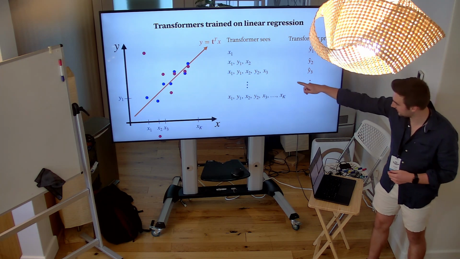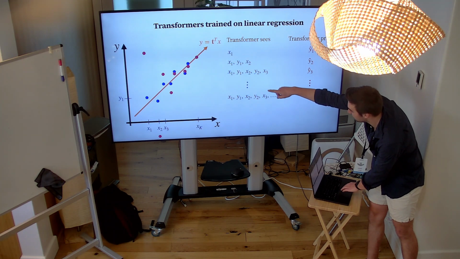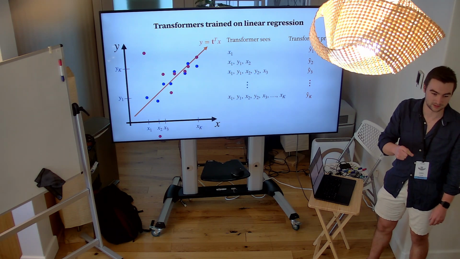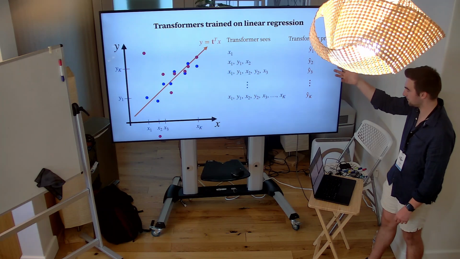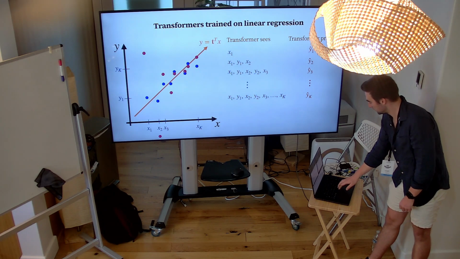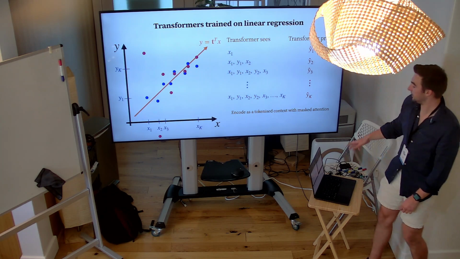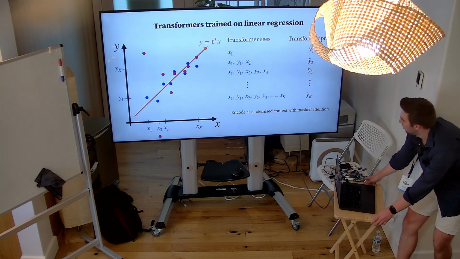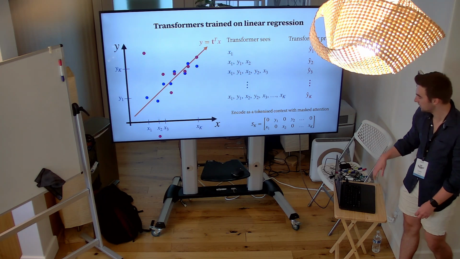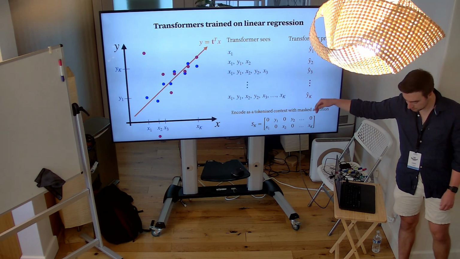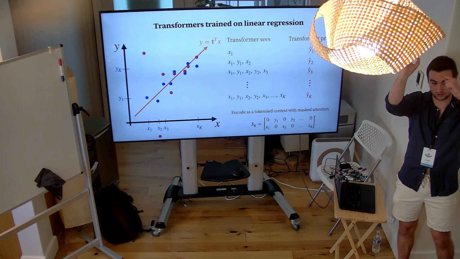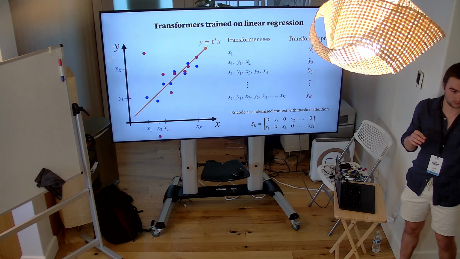So we might guess that it would predict perhaps even on the line, and then of course there's always going to be a little bit of noise, so it's never going to be a perfect predictor, but it likely will infer the underlying task. So we encode this problem as a tokenized context with masked attention, and so for each pair, the x value represents a token, and the outputs here, the y values, are all single dimension.